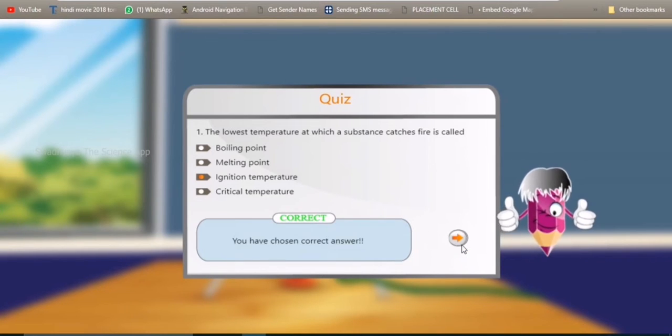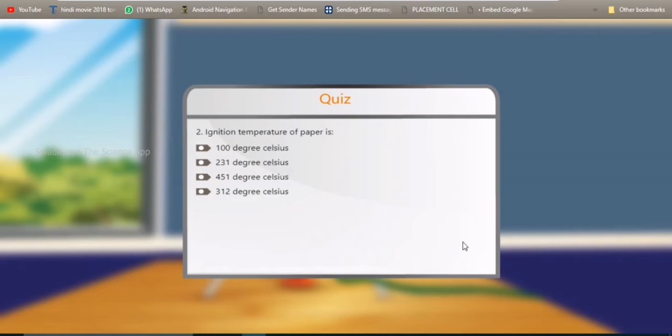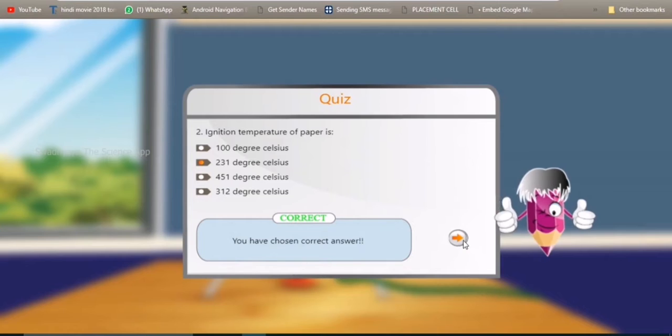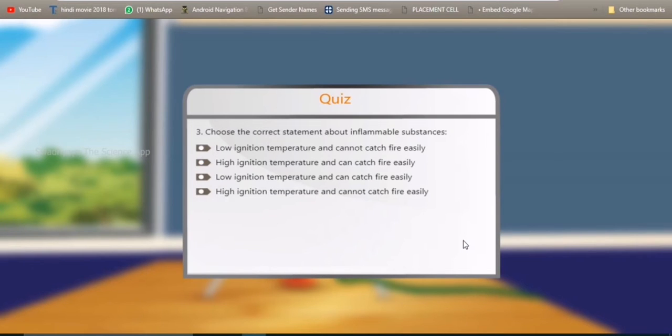Yes, it's right. The second question is the ignition temperature of paper. We saw in the graph it is between 225 and 250, so the answer should be 231. Yes, it's right. Choose the correct statement about inflammable substances. I think it's the third one.